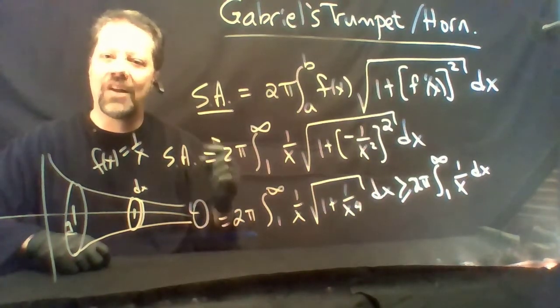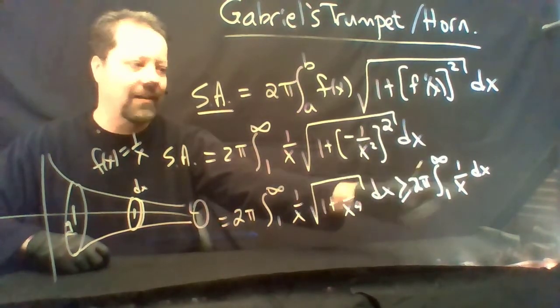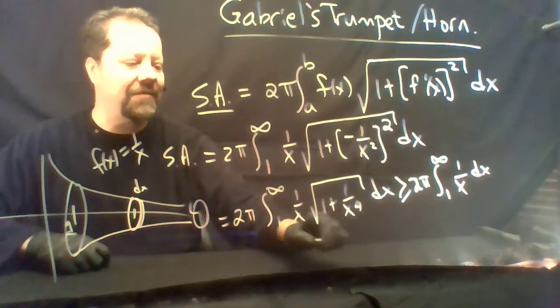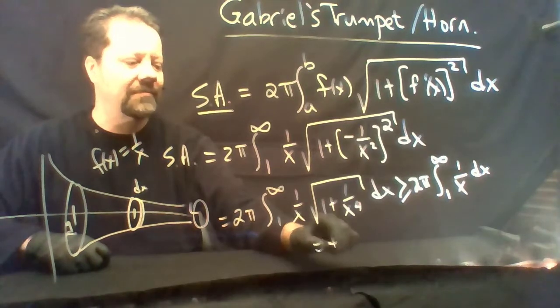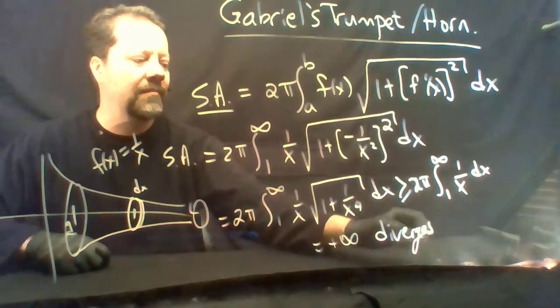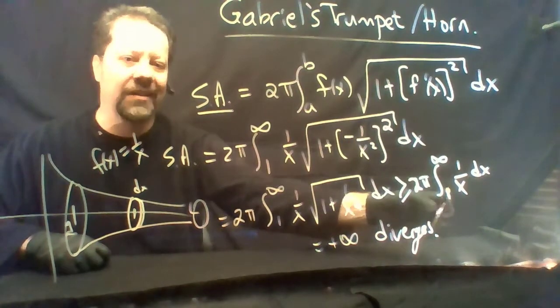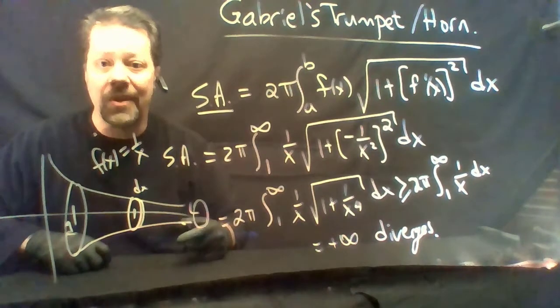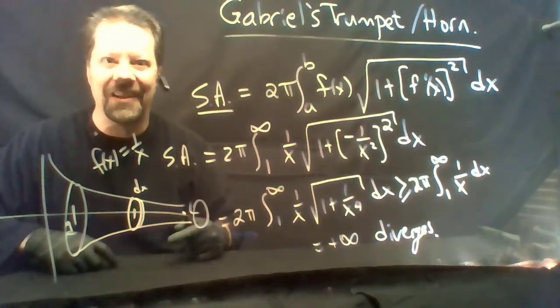I get something lower, but that lower thing, p is equal to 1. This diverges to plus infinity. Since the smaller integral diverges to plus infinity, the bigger integral must also diverge to plus infinity.